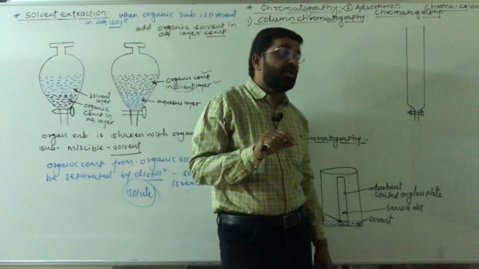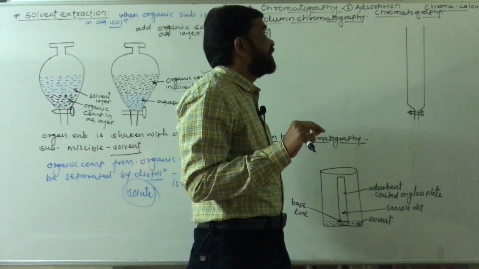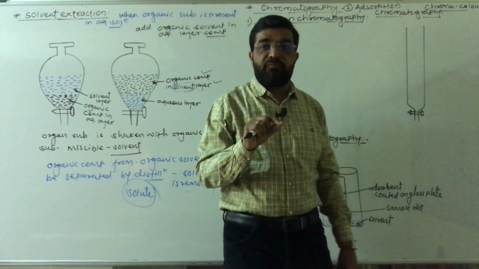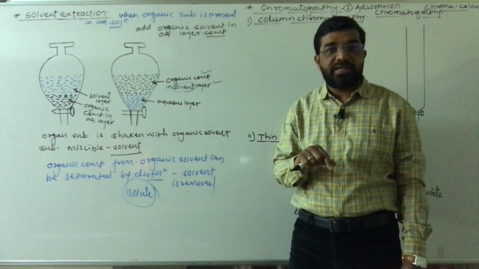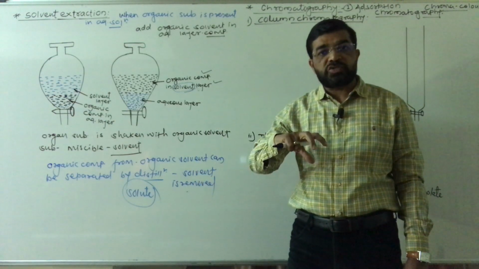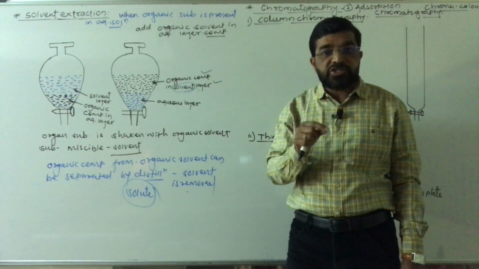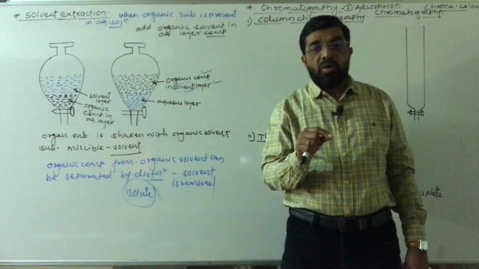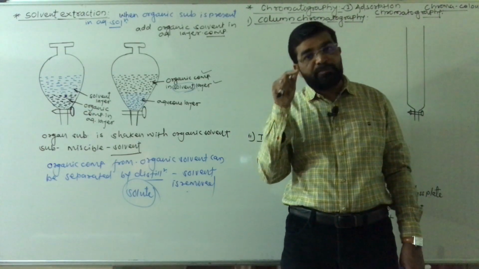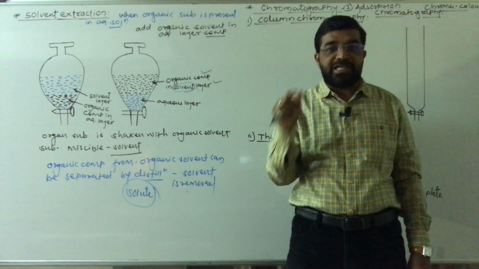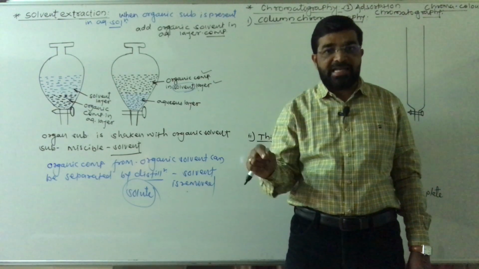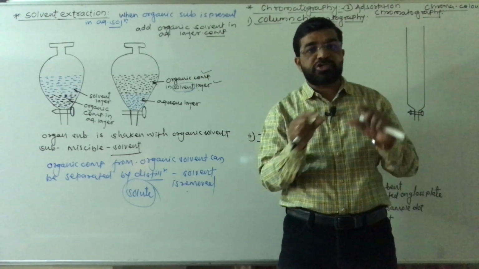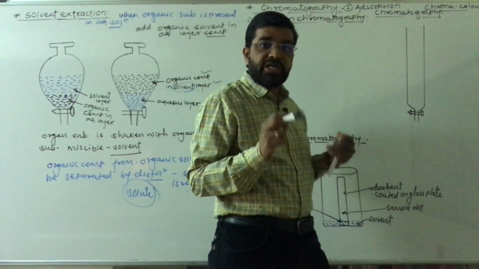Now in adsorption chromatography there are two phases: one is the mobile phase and the other is the stationary phase. The stationary phase is either a paper or a chromatographic plate, or silica gel, alumina gel. Such types of adsorbent are used as the stationary phase.